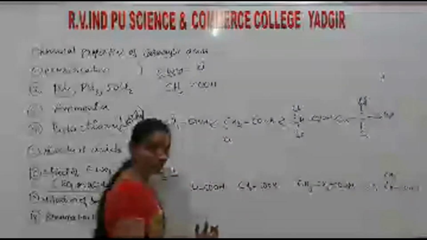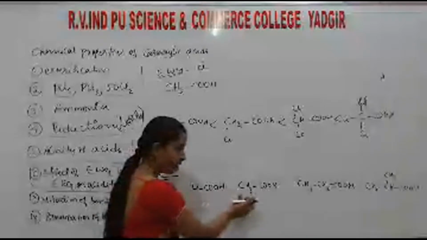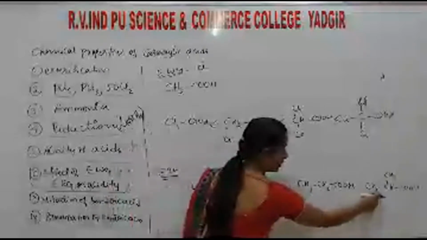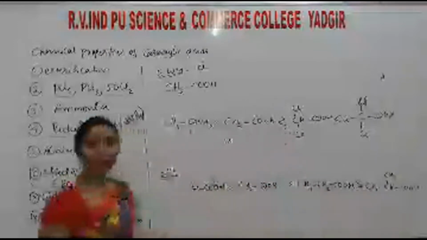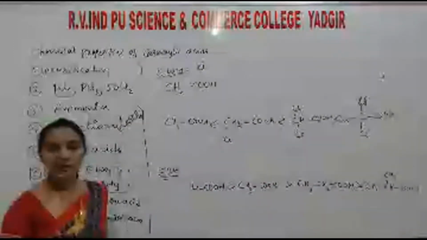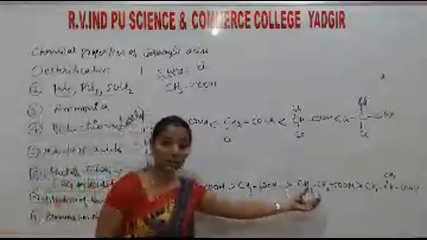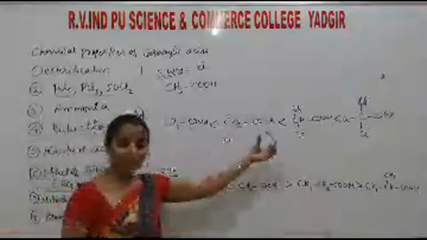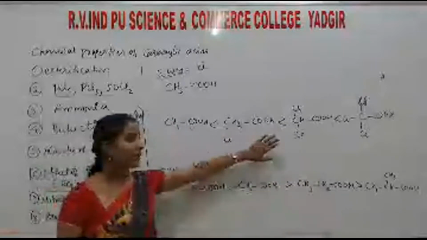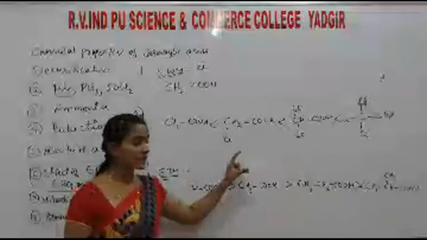Here there is no electron releasing group, here 1, here 2, here 3. So this is the decreasing order of acidic strength of the carboxylic acids. If the number of R groups, that is alkyl groups, increases, acidity decreases. If electron withdrawing groups increase, then the acidity increases. Understood?